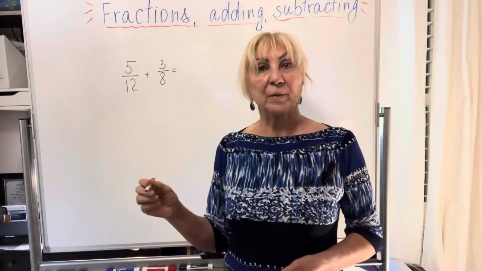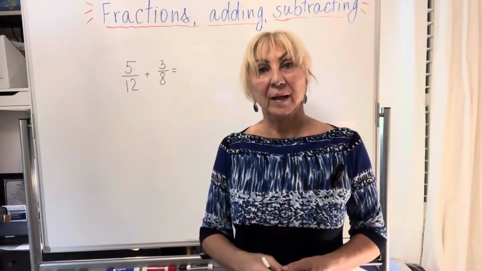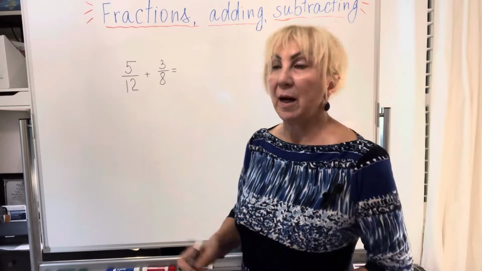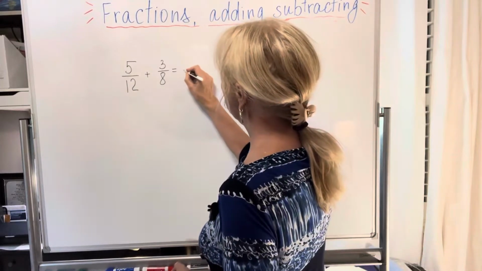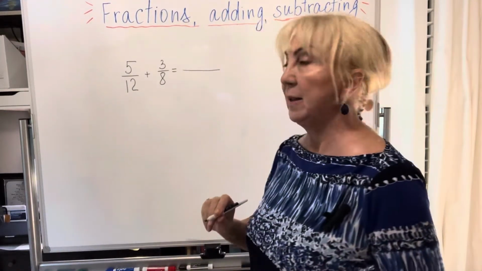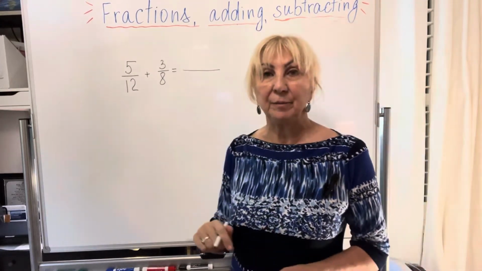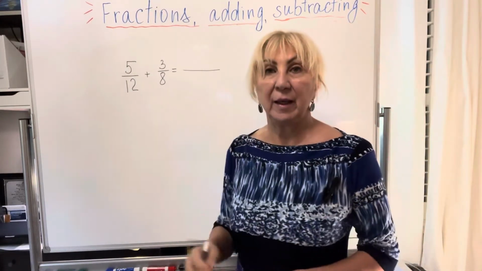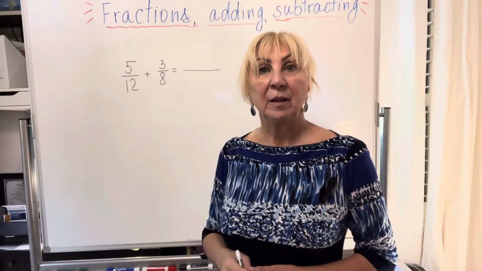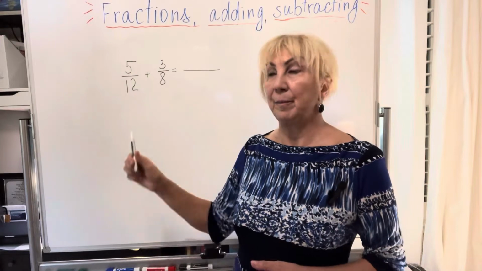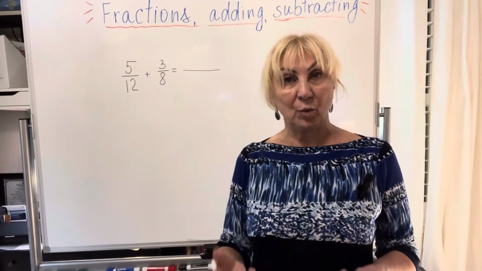The first step, as you know, is to look at the denominators and find the least common denominator of 12 and 8. I'm going to put a line and write the common denominator on the bottom. In the previous example, we found that the least common multiple of those two numbers is 24.